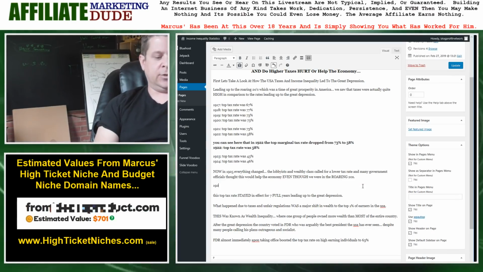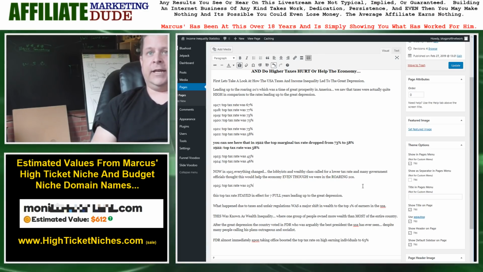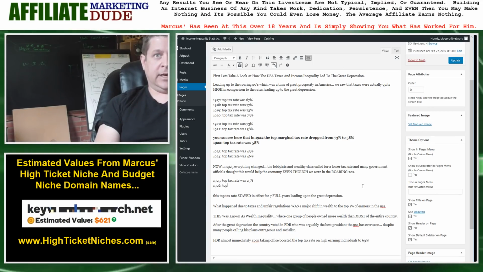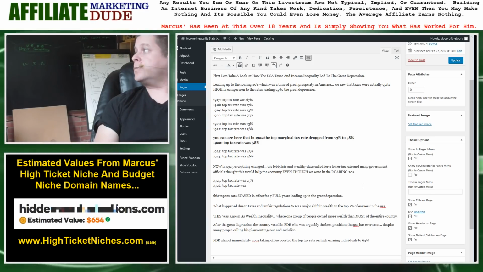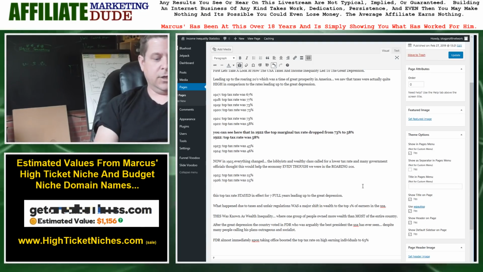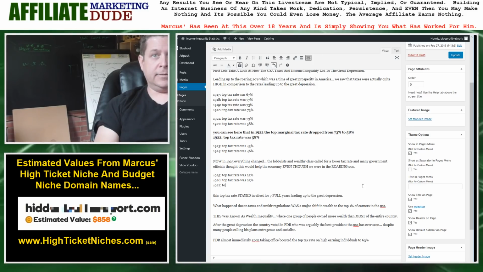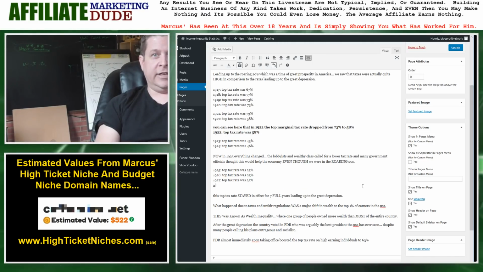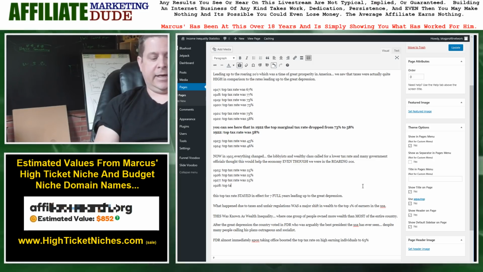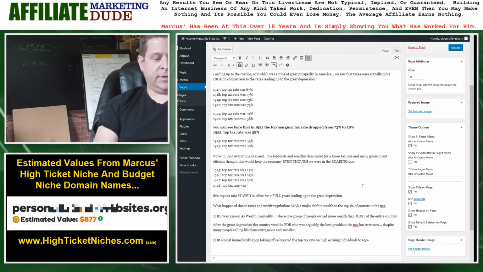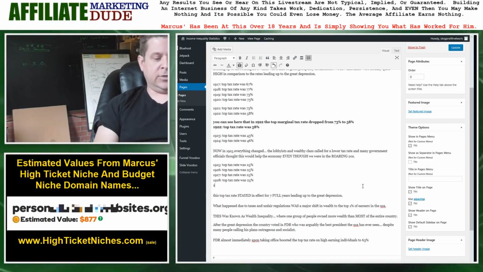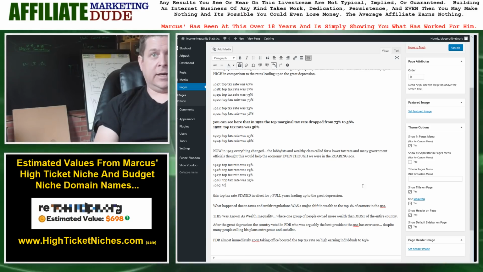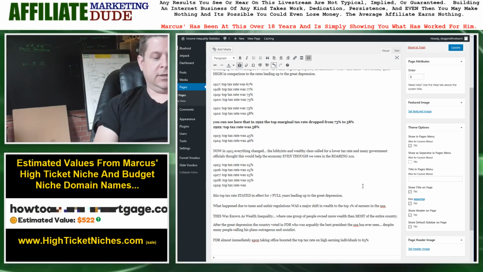We're going to put the 25, 1925, top tax rate was 25%. 1926, top tax rate was 25%. 1927, top tax rate was 25%. 1928, little redundant, but hey, it works. 1928, top tax rate was 25%. 1929, top tax rate was 24%.